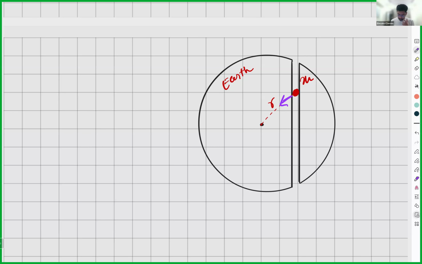There will be 1 by r square in the force, right? You have taken a small distance, so you are saying capital R minus small r. Yes. So when the small m mass is inside the sphere, what you can imagine is there is a smaller sphere. This is the smaller sphere.